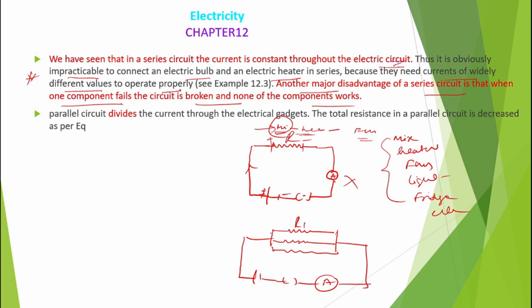So R1, R2, R3. So in place of R1 you connect a mixie, in place of R2 you connect a fan, in place of R3 you connect a bulb.